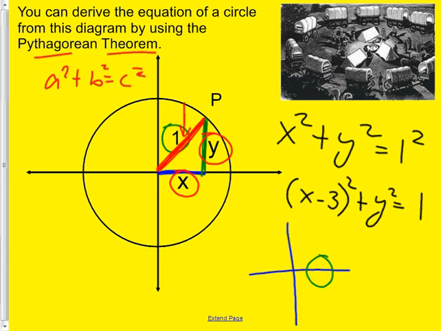Does that make sense? It does make sense because we go to the right when we do -3 on the inside. Remember? So then how about if I take this little circle and I move it up, let's say up 1. Just 1. Plus 1 where? To the y, yes. And if I put a plus 1 on the y, I'd be really close, but not exactly right.